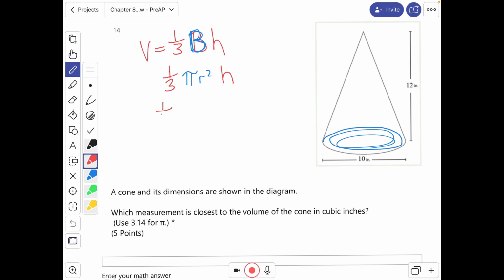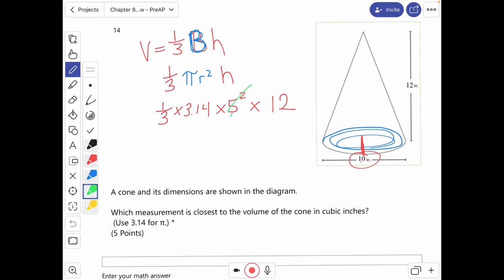Now let's go back and plug in the actual numbers. 1/3 times 3.14 for pi times the radius, and remember radius is halfway, so what would be half of 10? 5, so 5 squared times the height of the cone, which is 12.